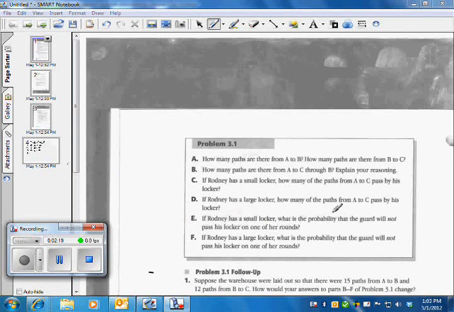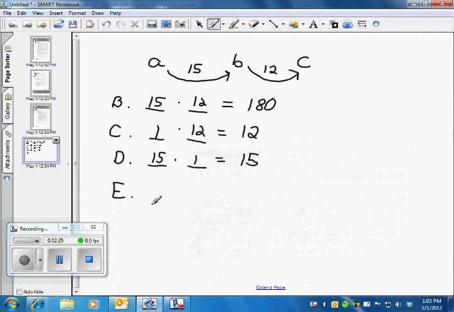The next question asked, if Rodney has a small locker, what's the probability that the guard will not pass his locker on one of her rounds? Again, the probability being the successes over the total. It's a shorter way of saying that. We decided yesterday that we really didn't need to consider the second path.